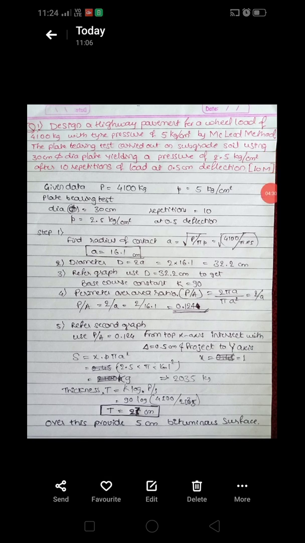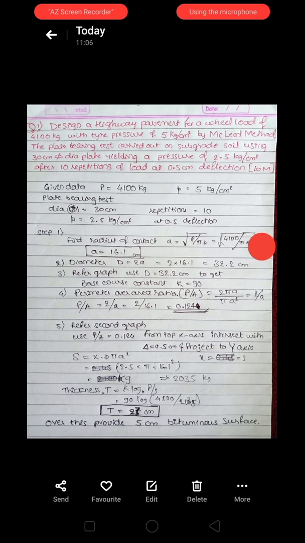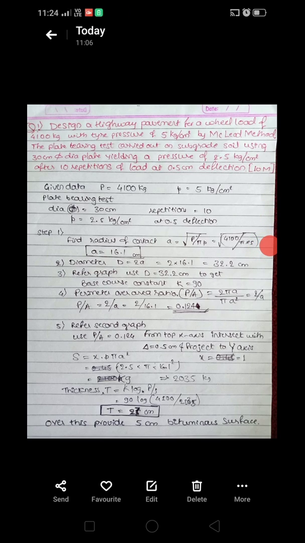So let's discuss one simple question paper problem. Here he has asked to design a highway pavement for a wheel load of 4100 kg with a tire pressure of 5 kg per centimeter square by McLeod method. The plate bearing test carried out on a subgrade soil using 30 cm dia plate yielding a pressure of 2.5 kg per centimeter square after 10 repetitions of load at 0.5 cm deflection.